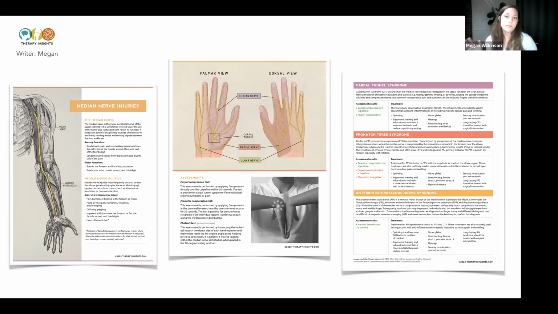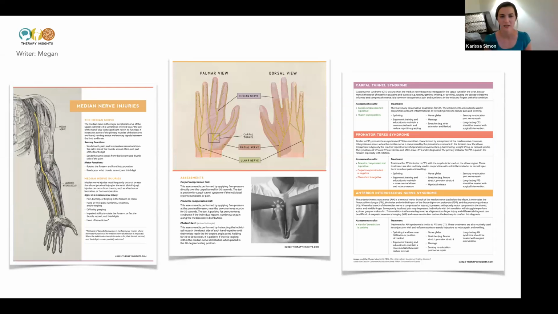And then again, under each syndrome, it talks about different effective ways of treating carpal tunnel syndrome, pronator teres syndrome, and anterior interosseous nerve syndrome. So there's lots of information in this handout to help guide how you're going to go about assessing and treating these different median nerve injuries.